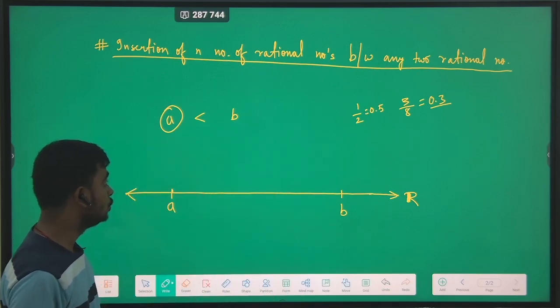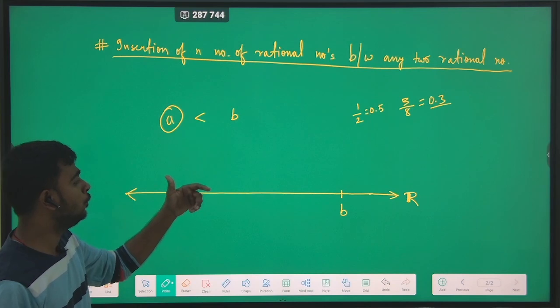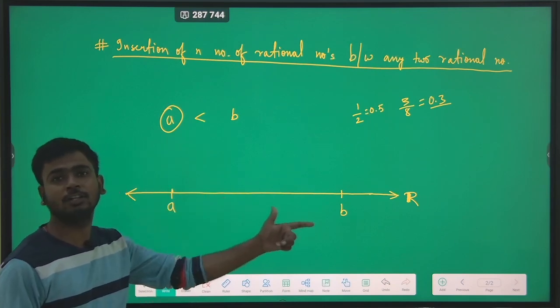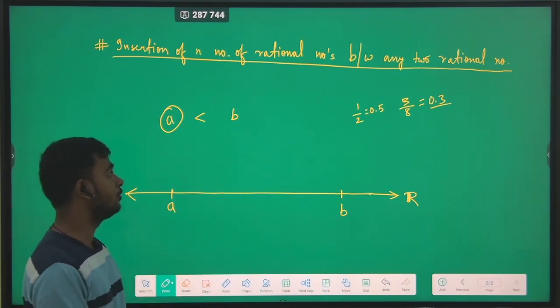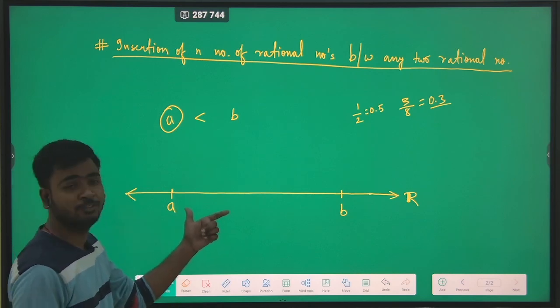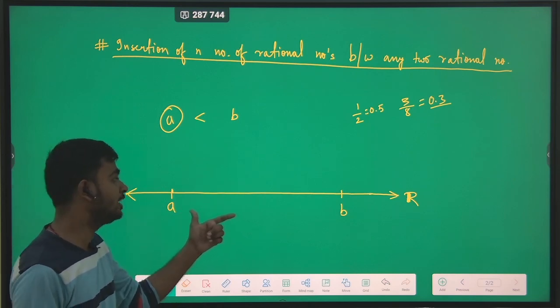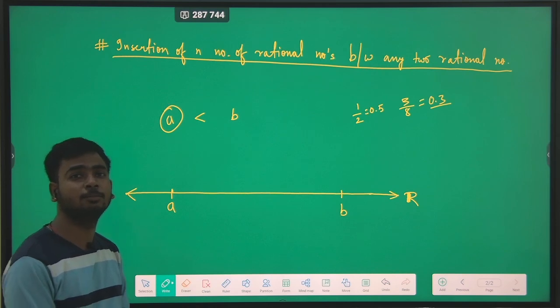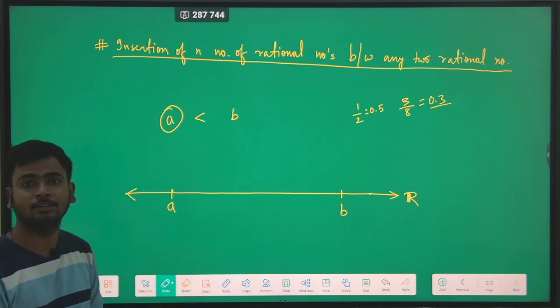Okay. So we have represented A and B on the real number line. Now we have to find out how we can insert n number of rational numbers between this A and B. Okay.